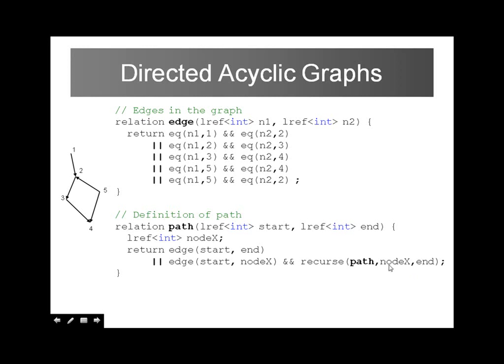This is the recursive step, and the overall definition is very naturally recursive. Now let's actually see the path relation being used for the different kinds of computation it supports.